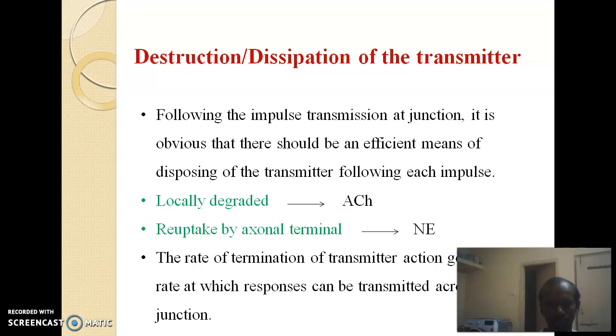Sometimes a neurotransmitter gets locally degraded with the help of enzymes, for example, acetylcholine. Some neurotransmitters are removed from that location by the uptake mechanism, examples include norepinephrine. The rate of termination of transmitter action governs the rate at which responses can be transmitted across a junction.